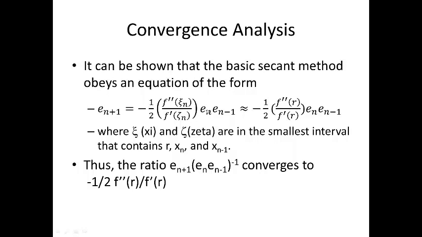I'm not going to read the entire thing out for you, but this one here is our good friend xi that we introduced earlier, and this one is zeta. It says basically how quickly we converge. In terms of actual performance, it's somewhere in between bisection and Newton's method: a little faster than bisection, a little slower than Newton's.